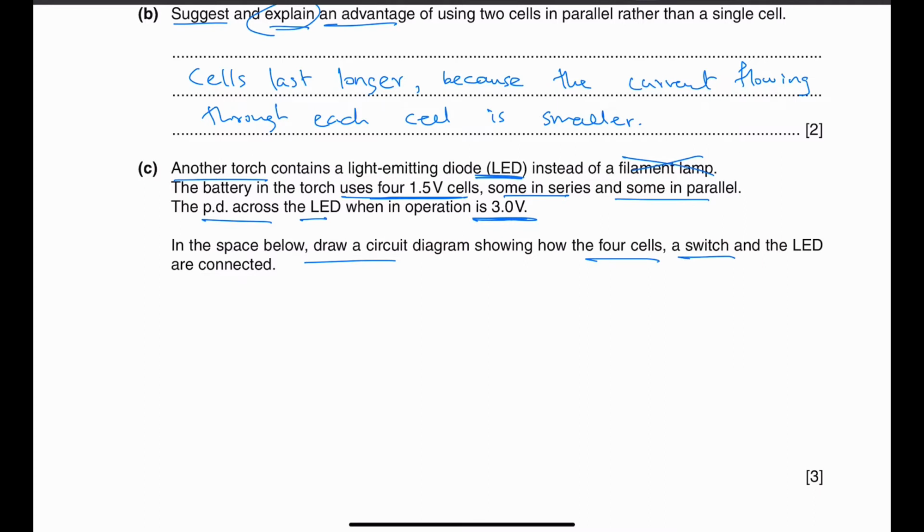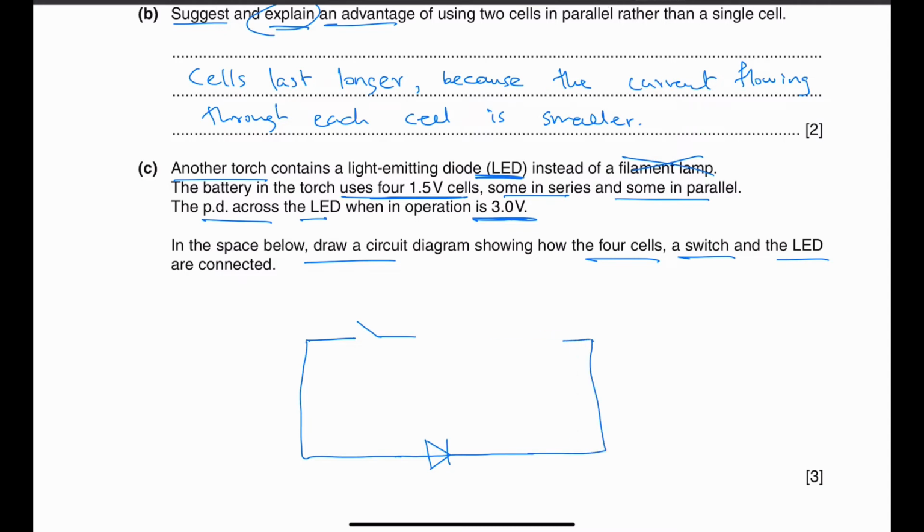You have to show a switch and you have to show an LED. So you should remember that the symbol of the LED looks like this. This is our LED, and we can make our switch here. That could be our switch. And now in this space we need to make our cell combination.